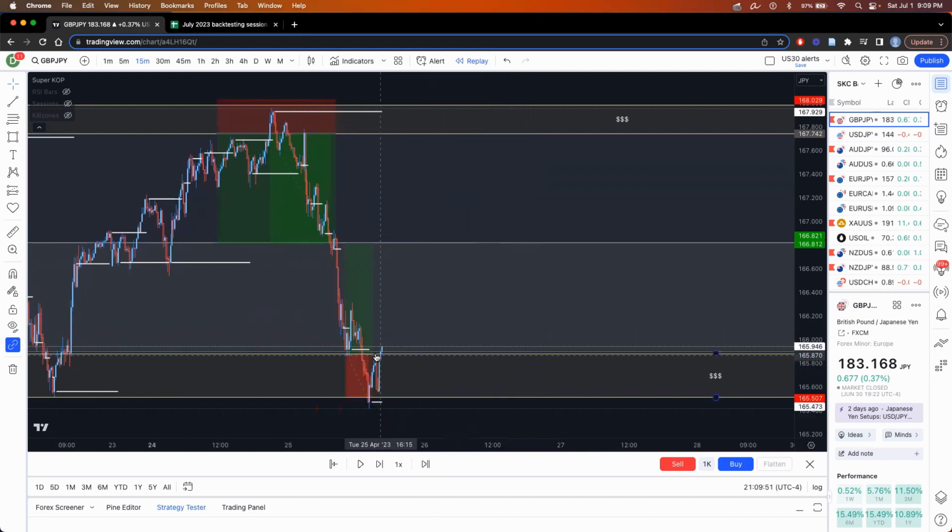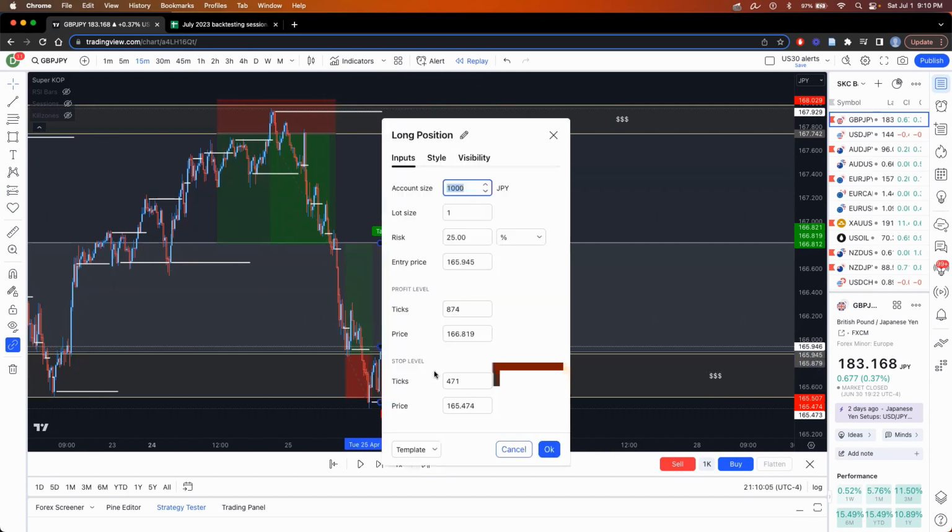All right, cool. So I'm seeing a break back above. So I would take another buy out of this liquidity zone. So let's do this again.